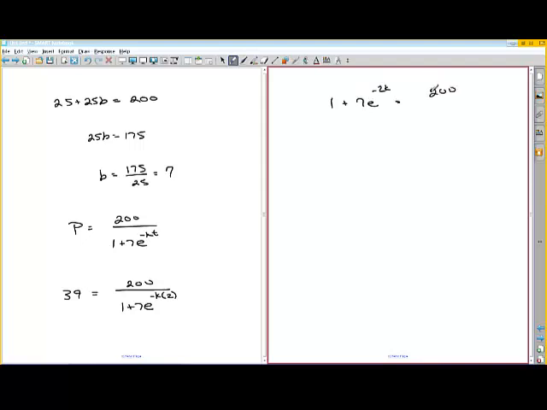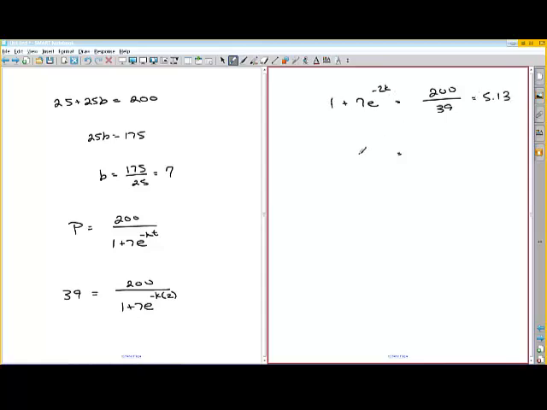So we get 200 divided by 39, which is 5.13, equal to 1 plus 7e to the minus 2k.